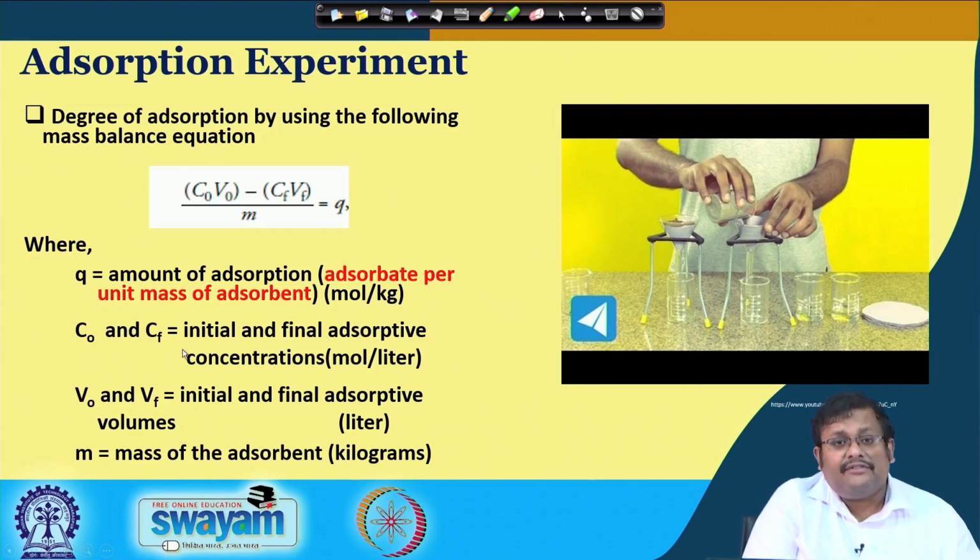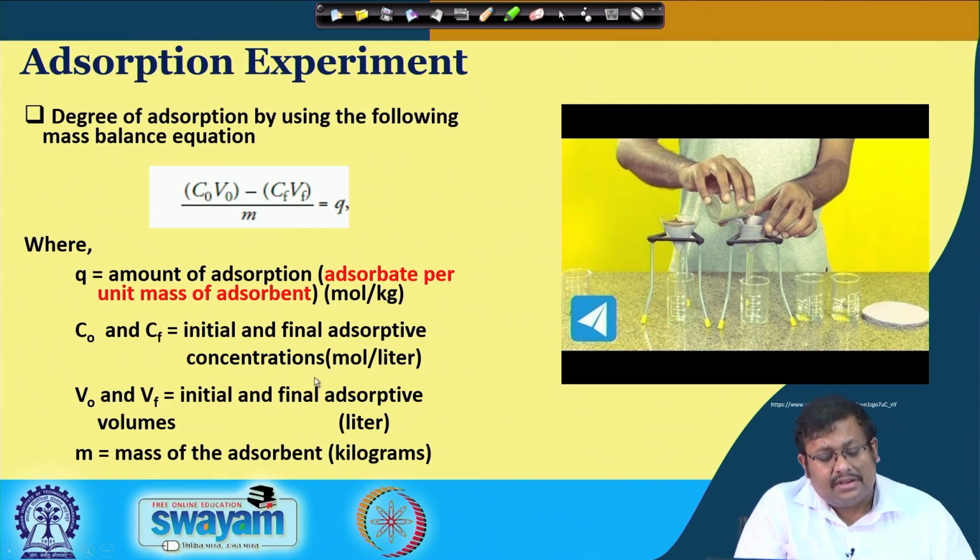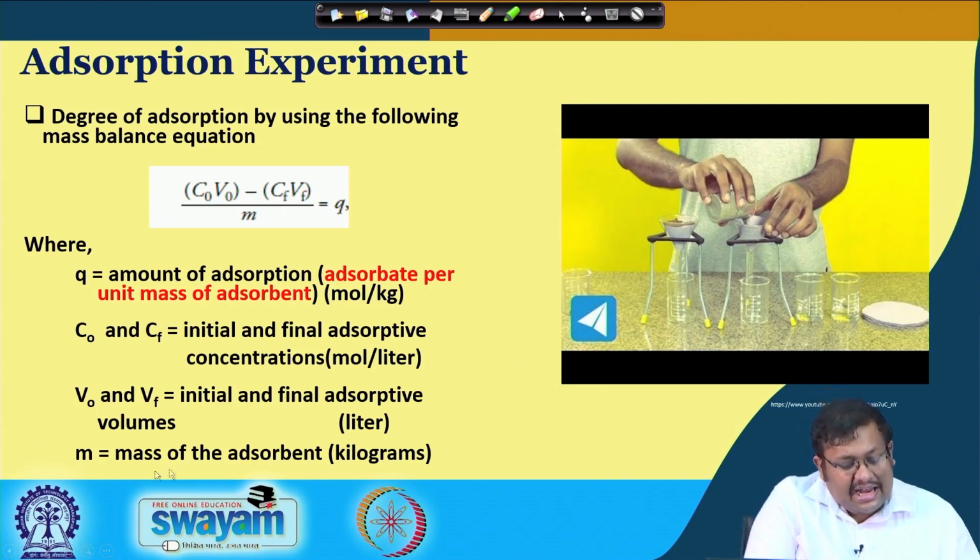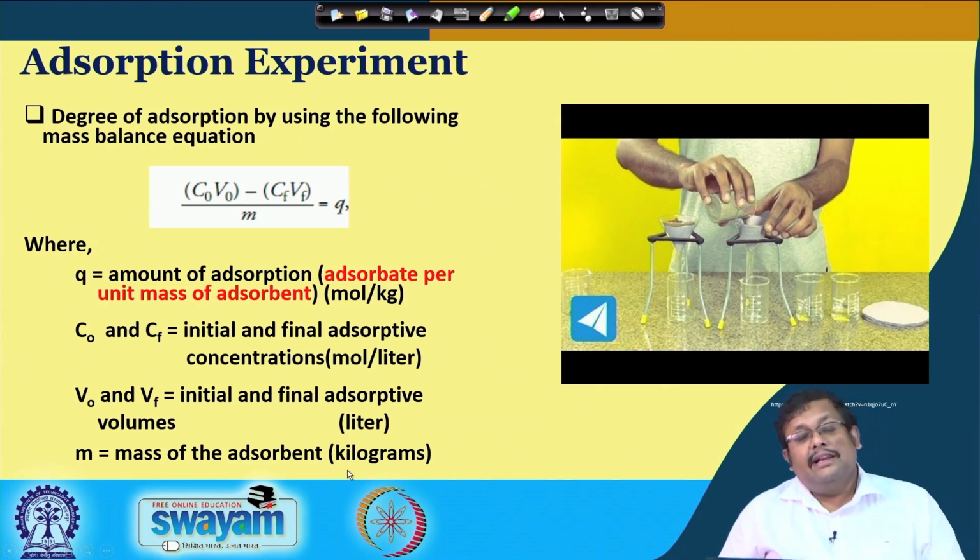C0 and CF are the initial and final adsorptive concentrations in mole per liter, V0 and VF are the initial and final adsorptive volumes in liter, and M represents the mass of the adsorbent in kilogram. This is how we can do different types of adsorption experiments.